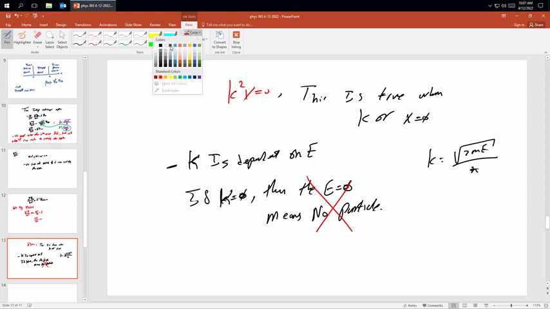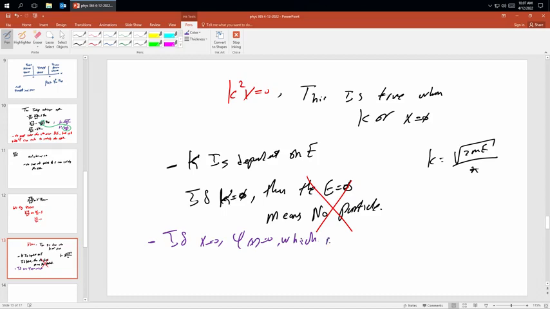Let me go ahead and write this down. If x is 0, that means psi of x equals 0, which means that the probability density p of x is going to equal 0, which also means that there's no particle. So that's not a useful solution.